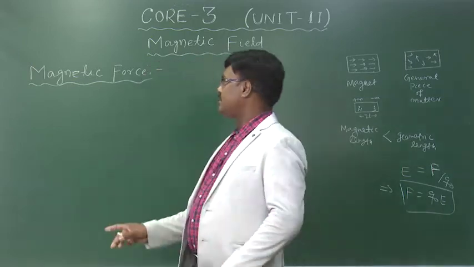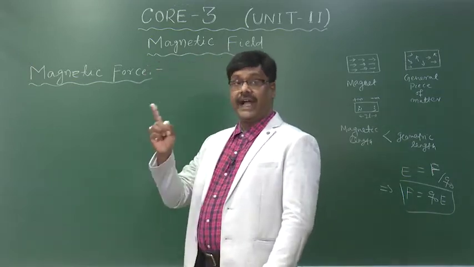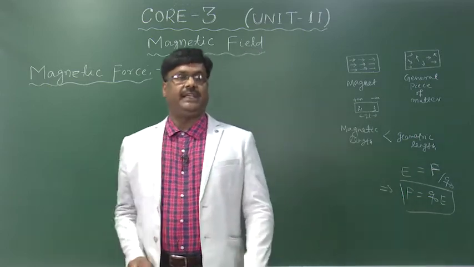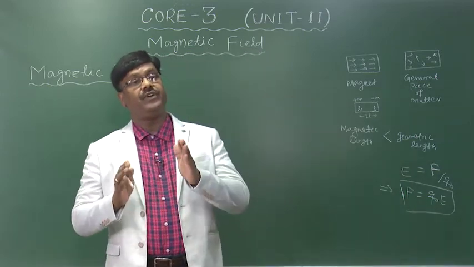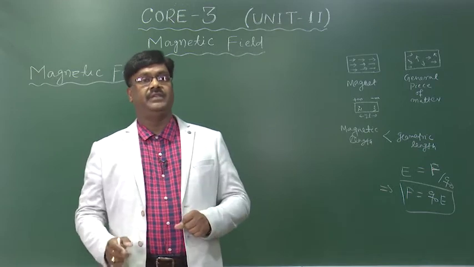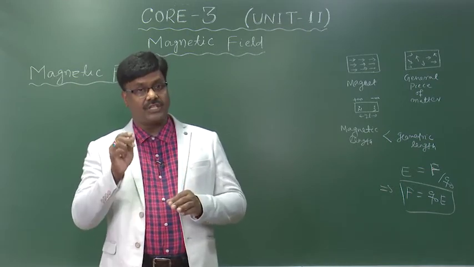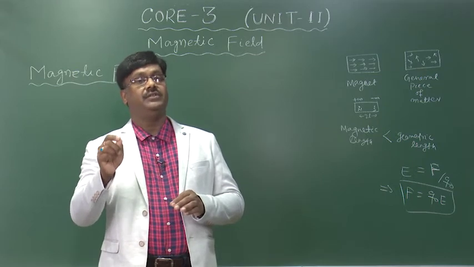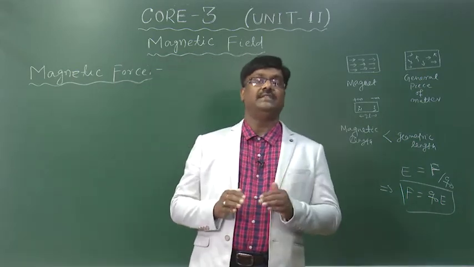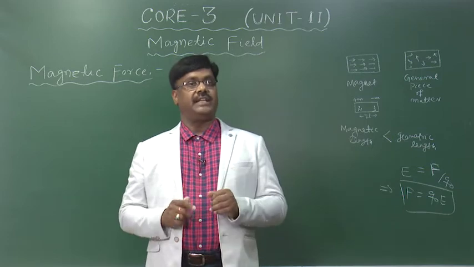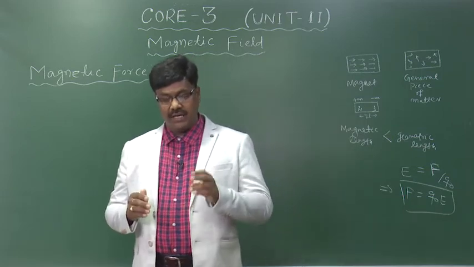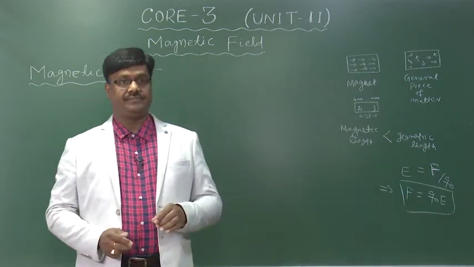So the force acting on a charged particle in a uniform magnetic field is F equal to Q V cross B, where V is the velocity of the charged particle Q and B is the magnetic field strength.